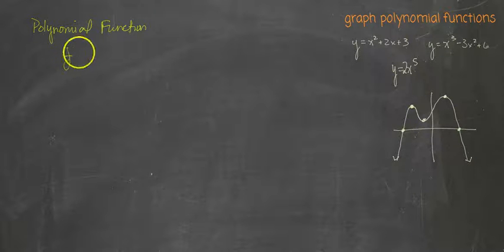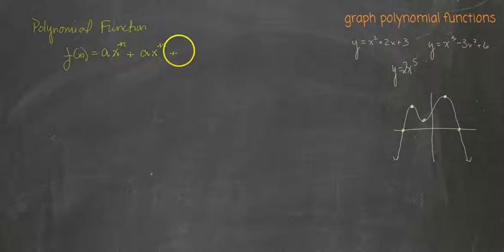They look like this. f of x equals some version of a x to the nth power, that's what we learned when we talked about monomial functions, plus some other a x to the nth power, because this is what polynomials are, right? a x to the nth power, on and on and on, until we end up with some constant c. All right, this is not going to do because this implies that every polynomial function has exactly the same terms repeated over and over and over.